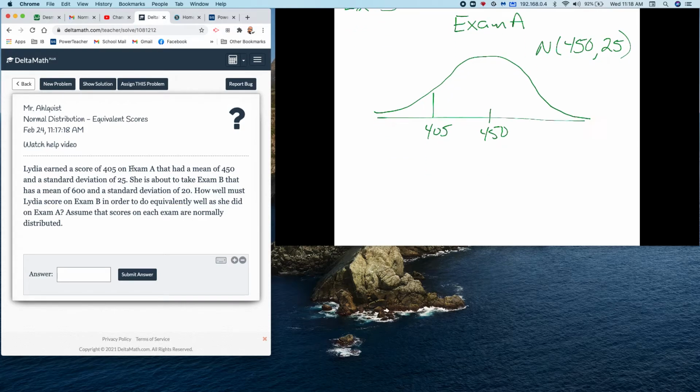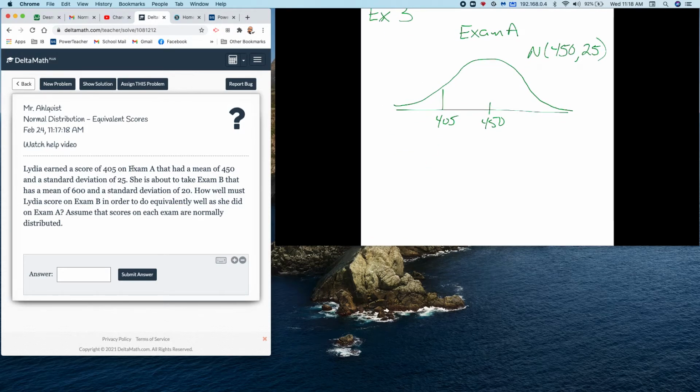So now what we're trying to figure out is, if you have exam B that's also normally distributed, with a mean of 600 and a standard deviation of 20, so the mean is 600.